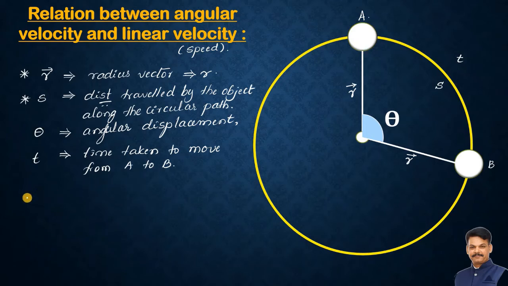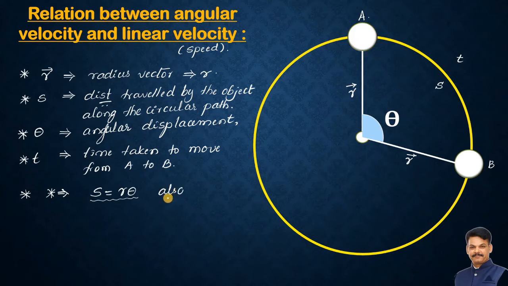Here we need to consider the relationship for the distance traveled, and that distance can be expressed in two different ways. Remember, dear students, one, s is equal to r theta. So it is in terms of the radius and the angular displacement made.